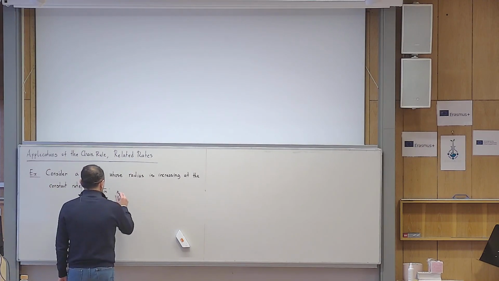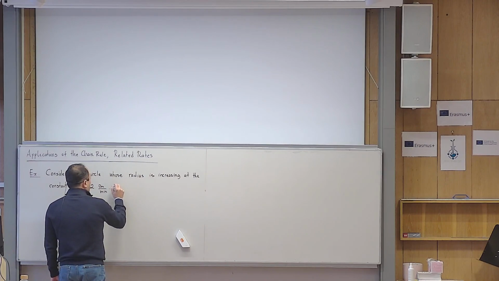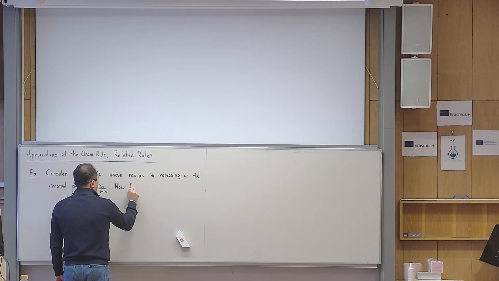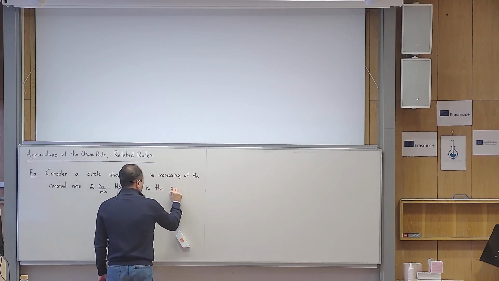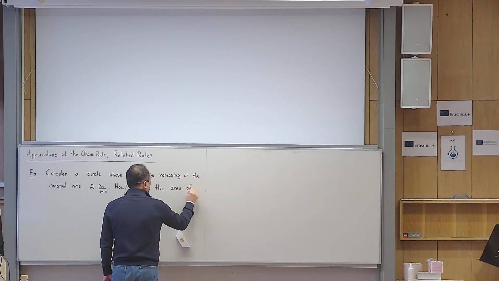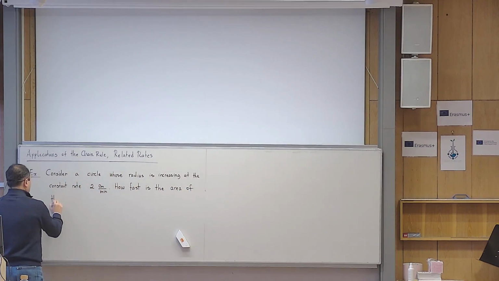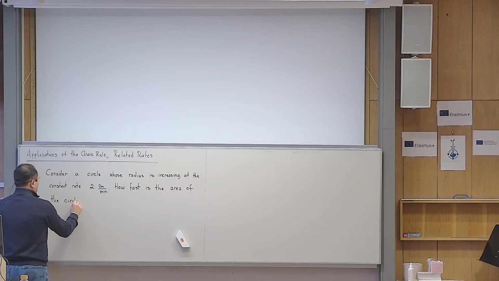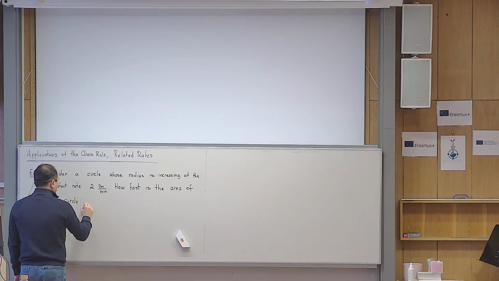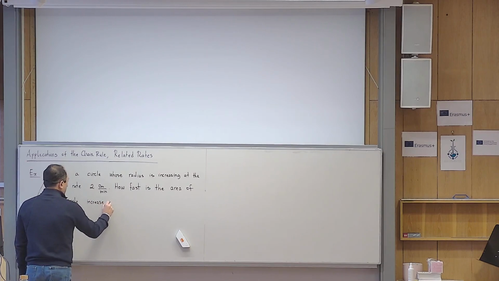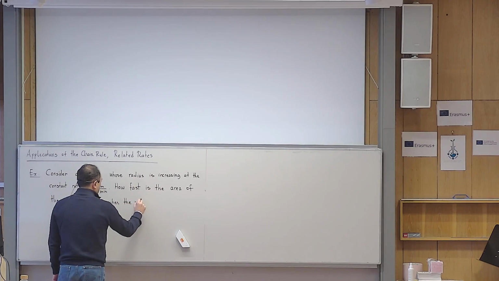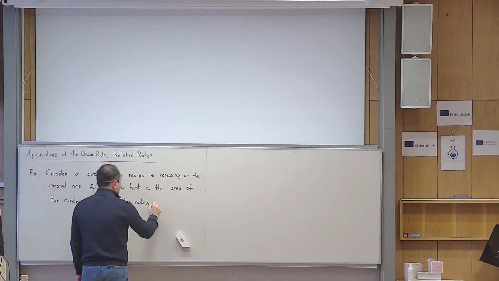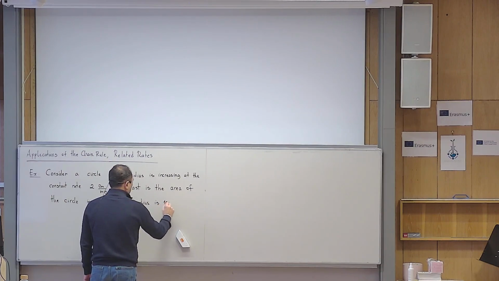So the question is, how fast is the area of the circle increasing when the radius is, say, 10 centimeters.